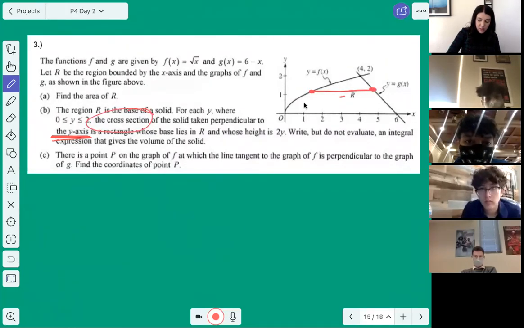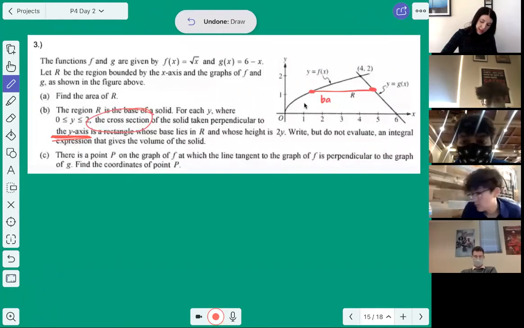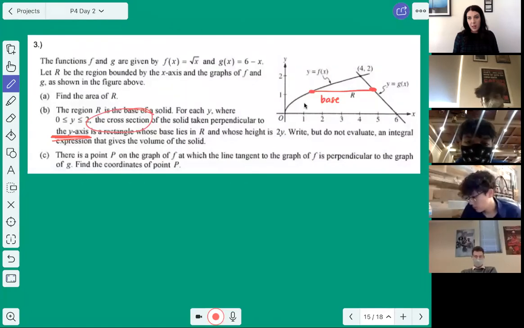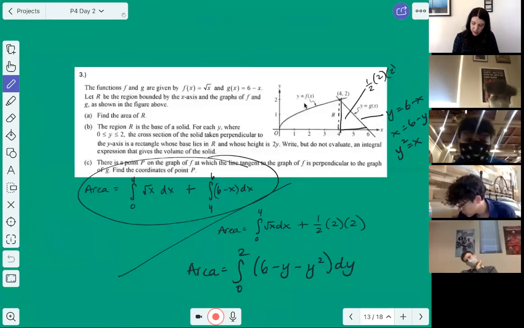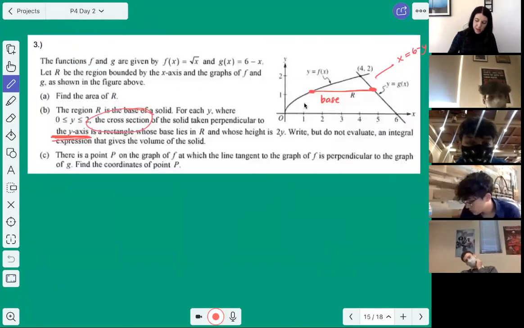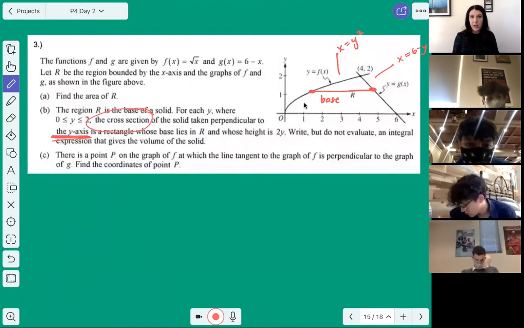And now that's going to be, well, I'm writing sideways, that's going to be my base, that length. So just what we just talked about with Carlos, this equation becomes x equals 6 minus y, and x equals y squared. All we did was isolate the x instead of the y. So we have those two equations.